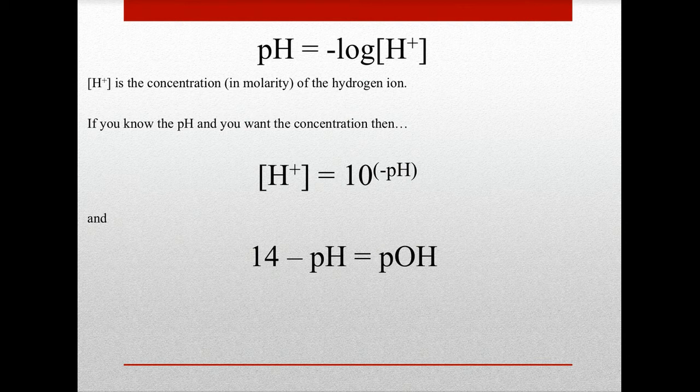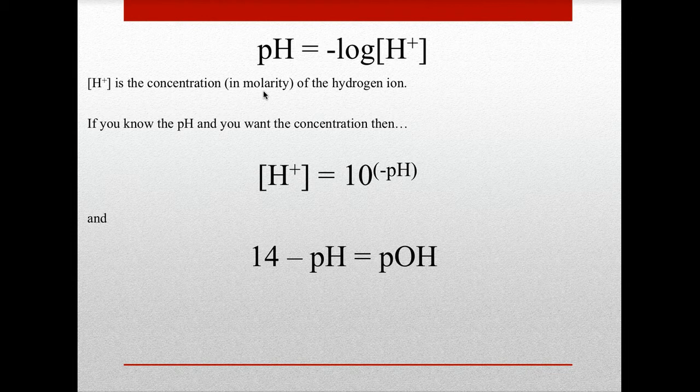So the formula for pH is the negative log of the hydrogen ion concentration. So when you see the square bracket, and you have a hydrogen ion in that bracket, it means the concentration of. Okay, and that's in molarity, so that's a capital M. If you think back to our last unit, we talked about molarity.